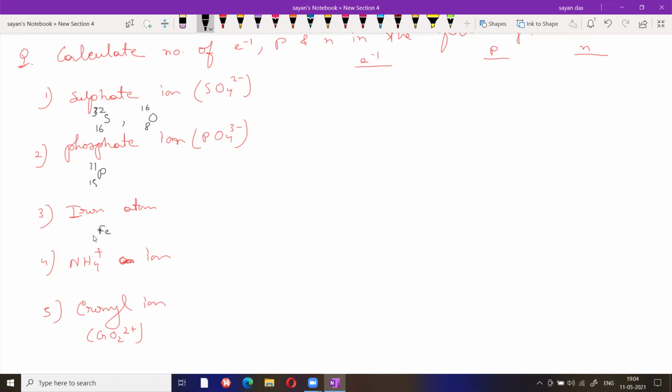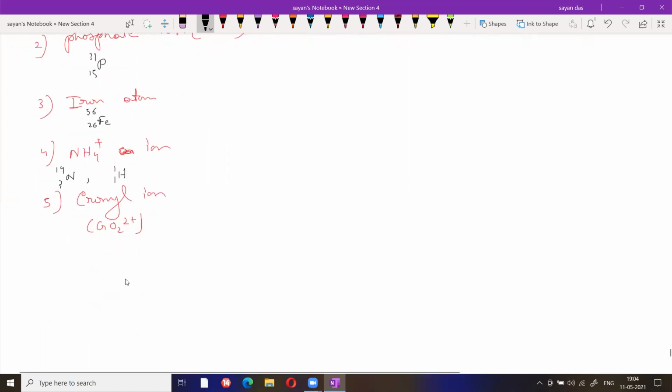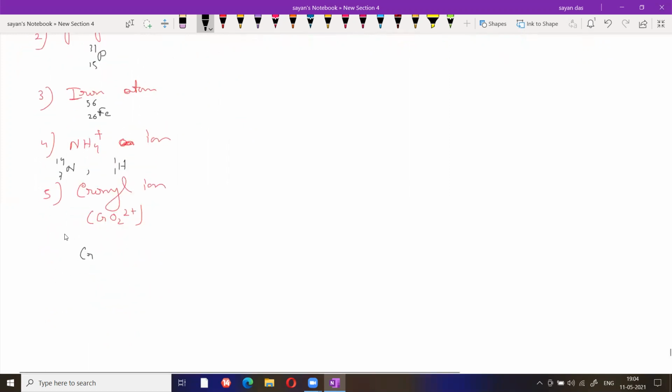Iron, this one is 26, mass number 56. Nitrogen 14, 7. Hydrogen 1 and 1. Okay. Now chromium is 52, 24.